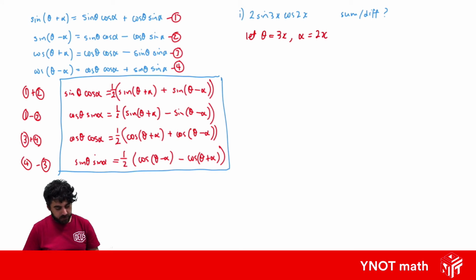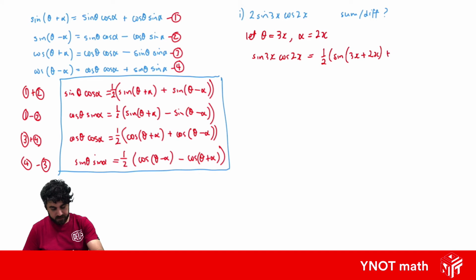So let's pretend there was no 2 there. So we know we could express sine 3x cos 2x as a half of sine theta, which is 3x, plus alpha, which is 2x, plus sine theta, which is 3x, minus alpha, which is 2x. Close our bracket.